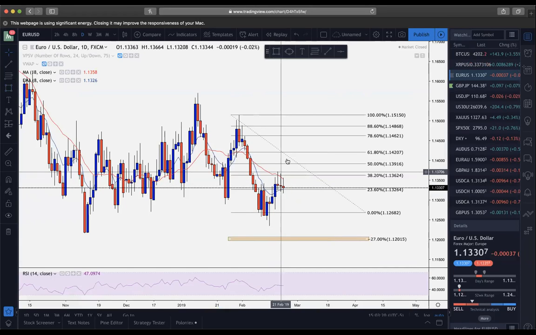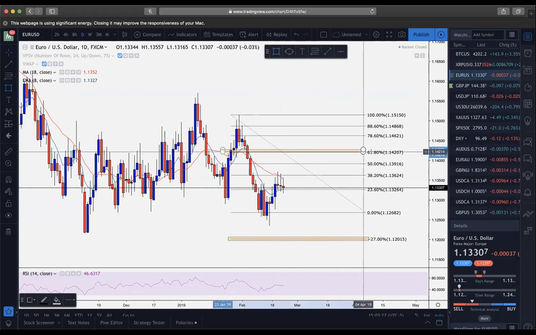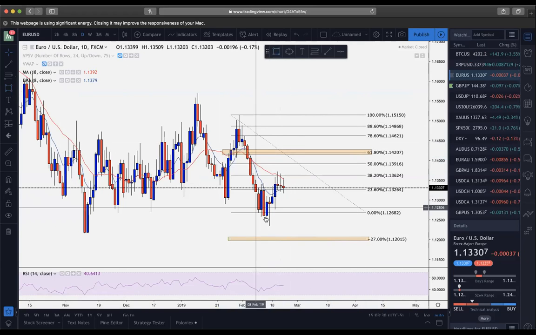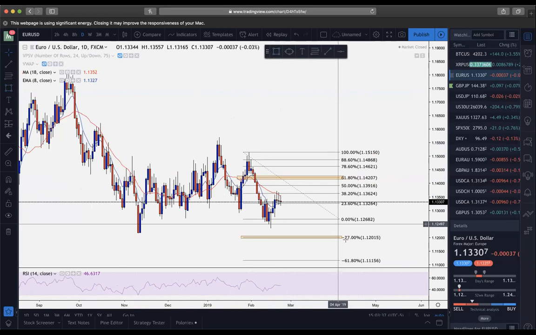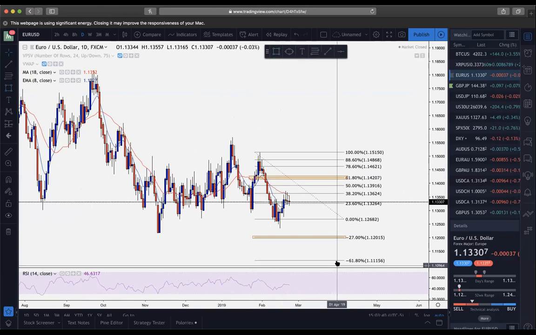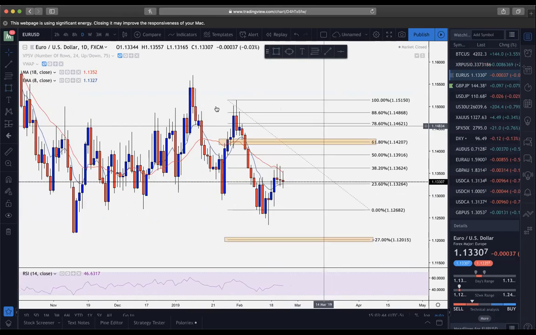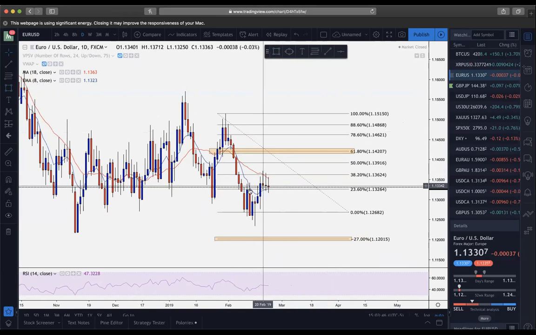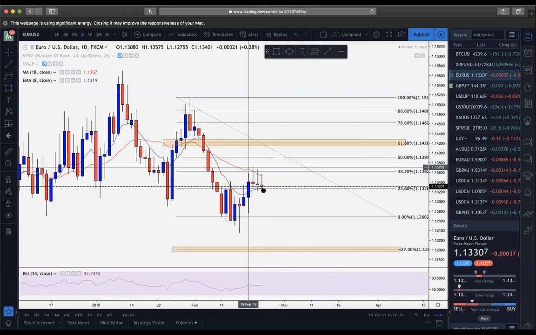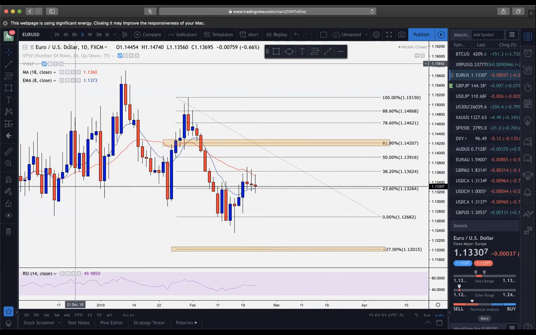Or we could see some type of price manipulation to push price up to the 61.8 tap, just a big manipulation push up, and then to go down to new lows, even maybe way low. We're in a kind of hairy area of the market. We just have all this indecision in the market right here. But the wicks are more to the upside than the downside.